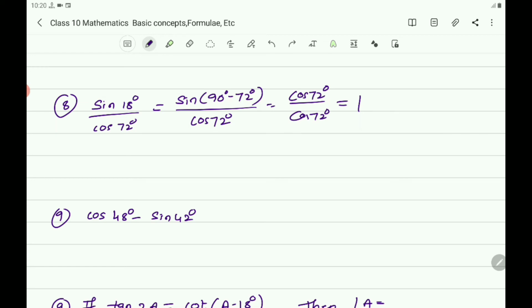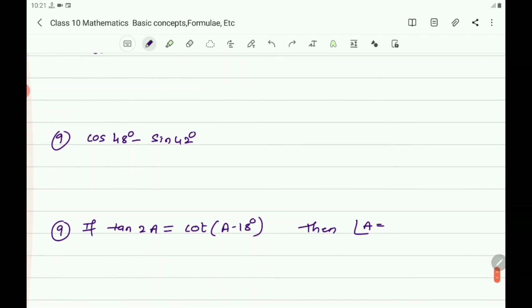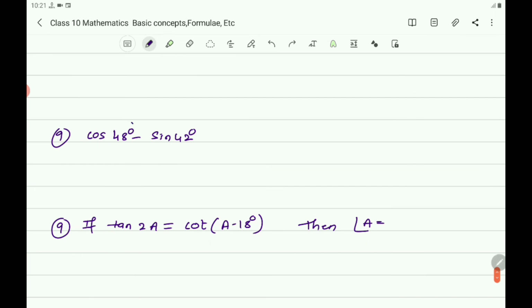Here directly you can recognize the answer. You know that these two are same. Sin 18 degree and cos 72 degree are same, as the complementary of sin is cos and complementary of cos is sin. In that case, you can write the answer directly. So you learn the concept perfectly. Here you see 48 degree and 42 degree, they are complementary because their sum is 90 degree, and this cos and sin are the complementaries.